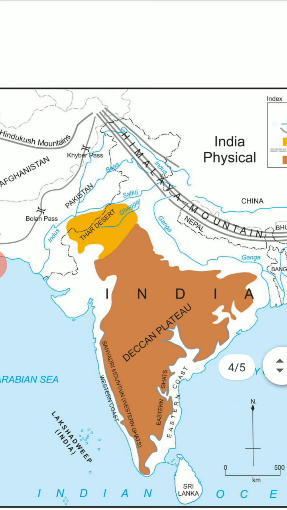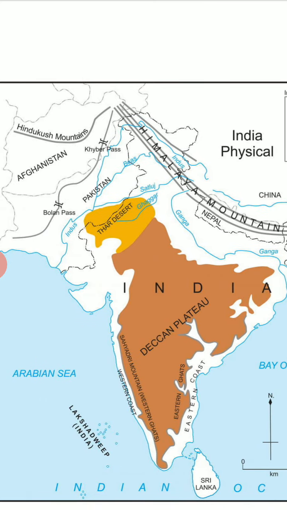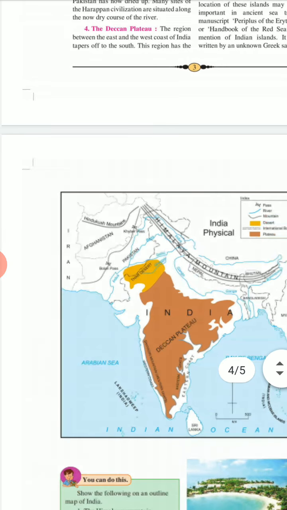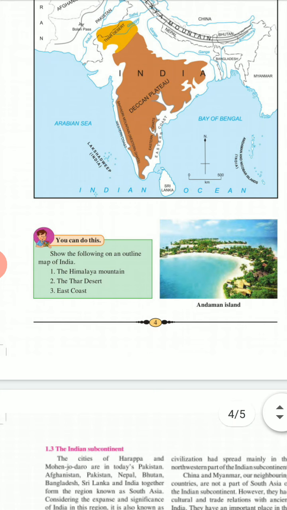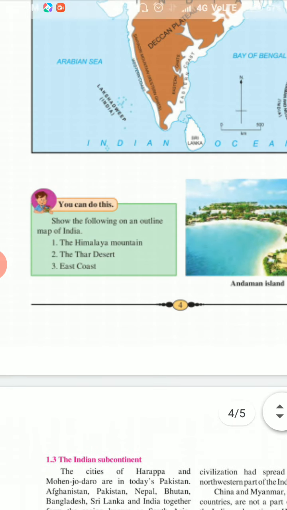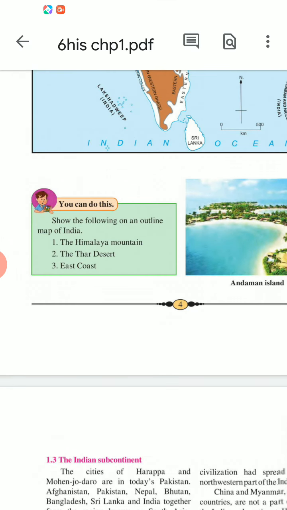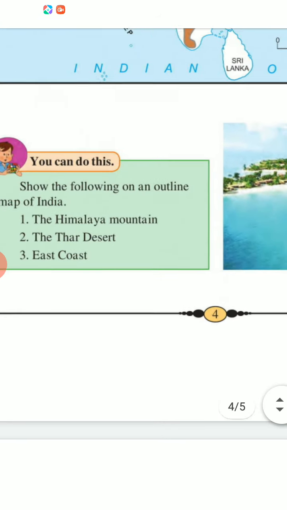You can know all types of rivers and mountains by this diagram. Now let's move further. You can do this. Yeah, you can do this.